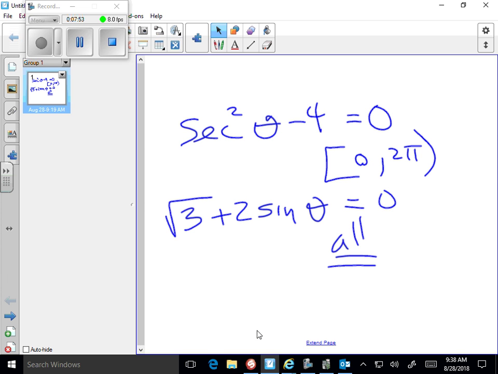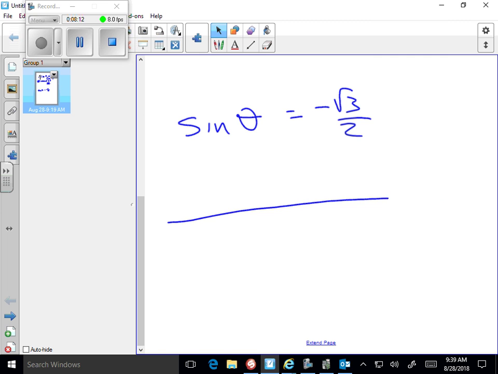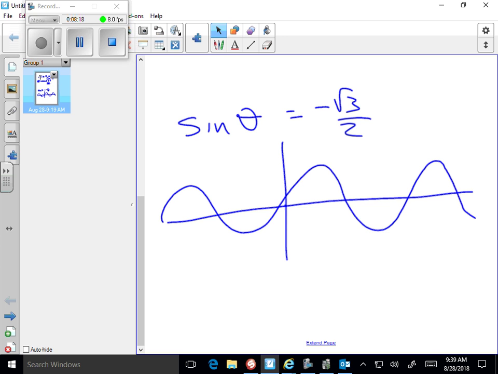How many times is my sine graph going to equal negative root 3 over 2? Just twice? No. We know that this sine graph equals negative root 3 over 2 a whole lot of times.